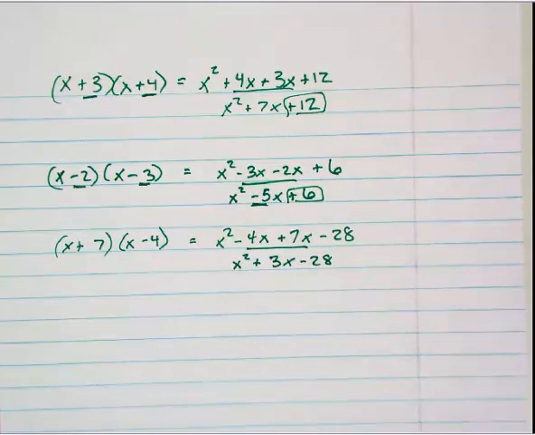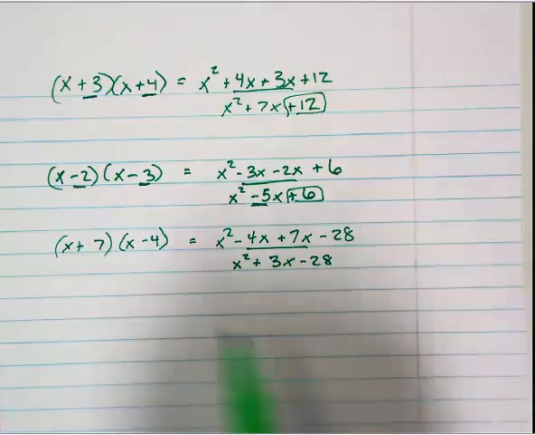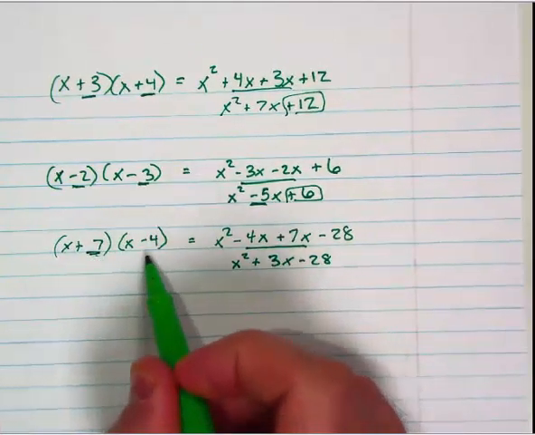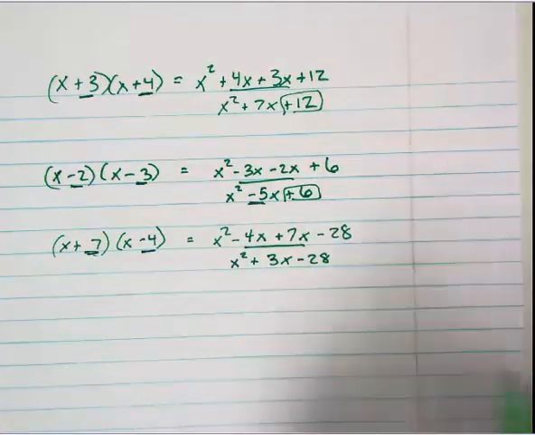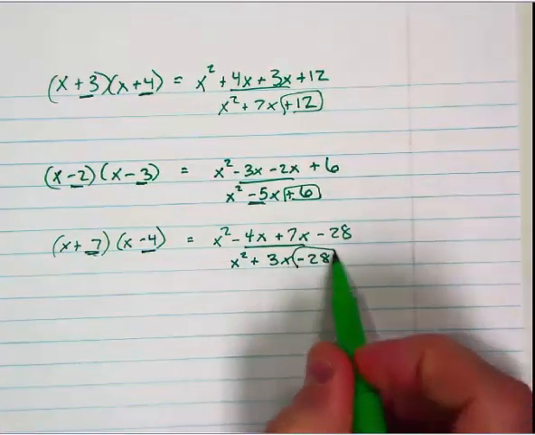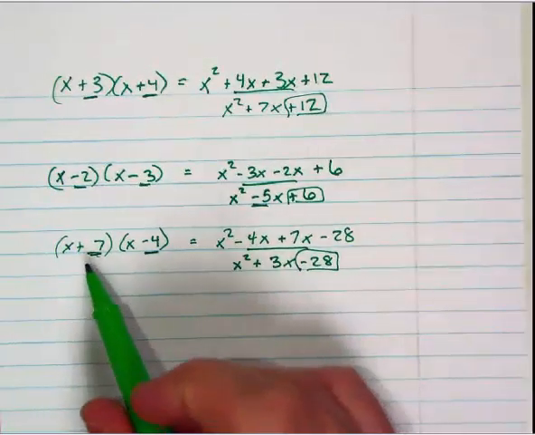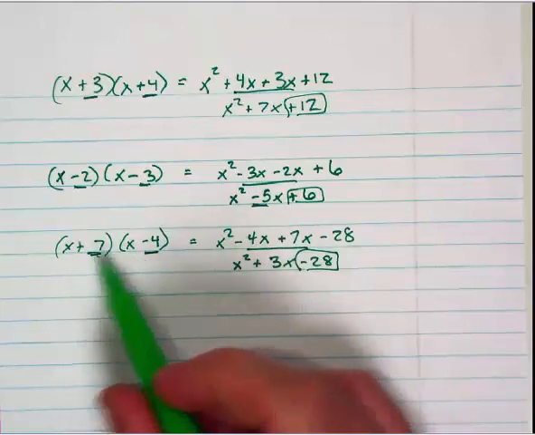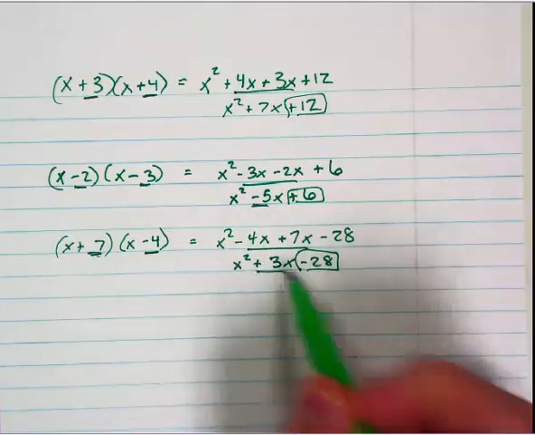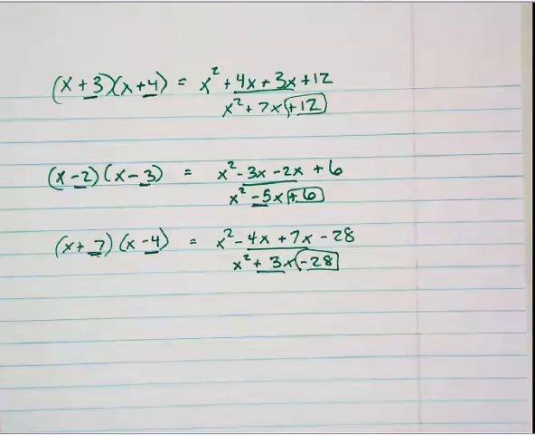Now the patterns that I noticed before: if I take a positive 7 and a negative 4, those multiply to negative 28. But if I add them together, these combine to a positive 3. If you look back at any of the other problems we've done, that pattern should emerge all the time.